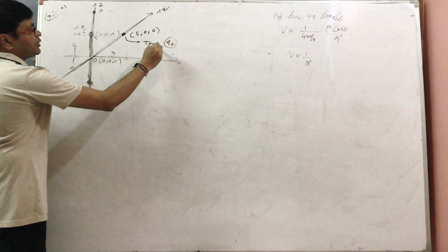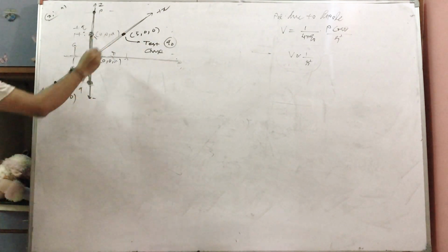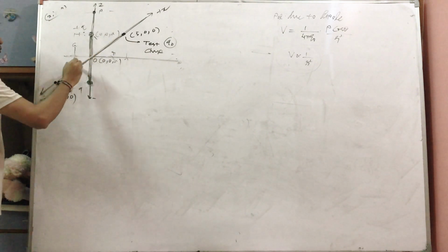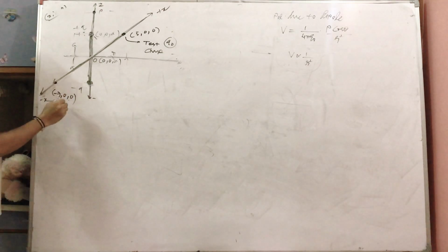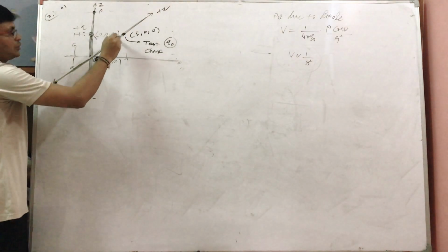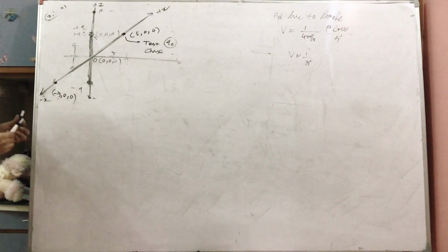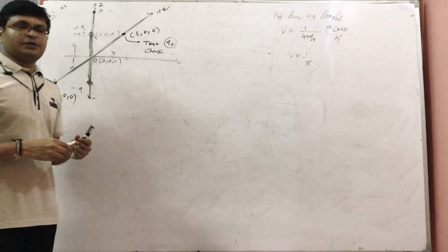Test charge is situated at point 500 and we would like to move this test charge from point 500 to point minus 700 along this x axis. So अपन लोग तो जानते हैं टेस्ट चार्ज को ले जाना हो तो वर्क डन का फॉर्मूला.